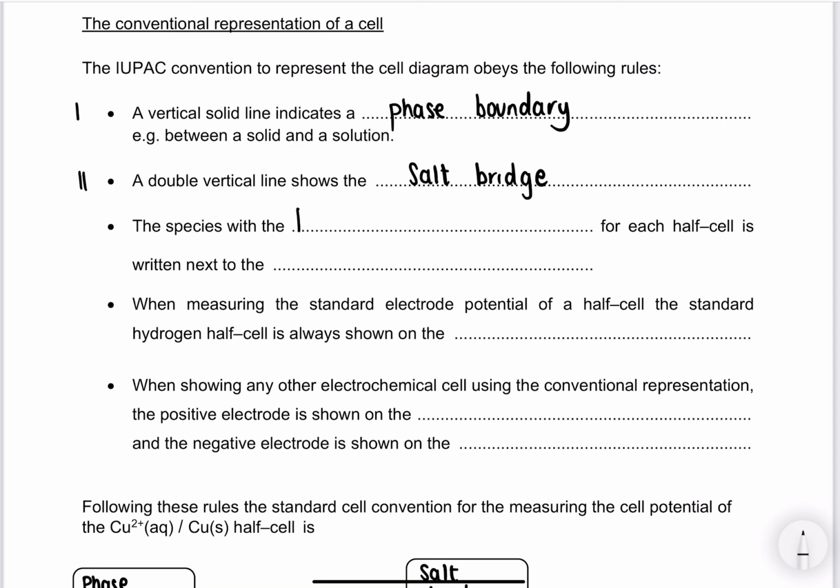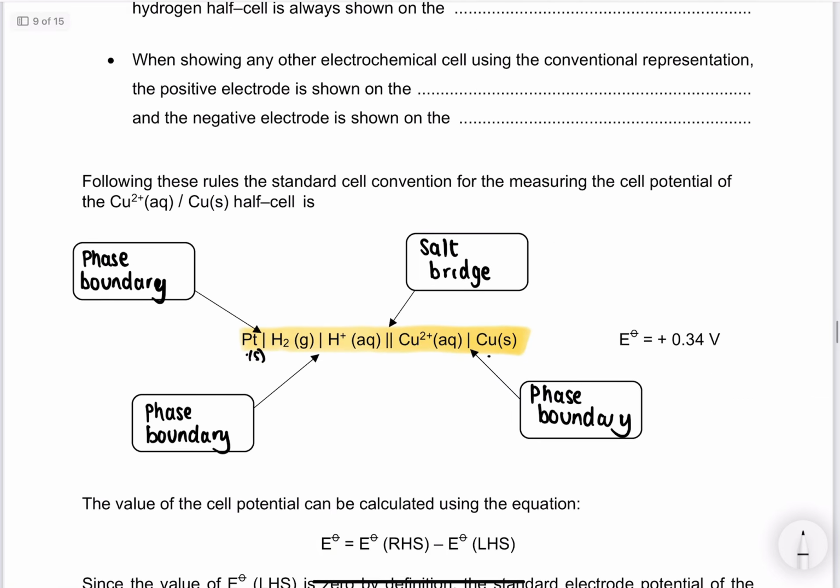The species with the highest oxidation state for each half cell is written next to the salt bridge. So if we just go back to our diagram, hydrogen ions are +1, hydrogen is 0. Hydrogen ions are higher. Copper is 2+ there and 0 here.